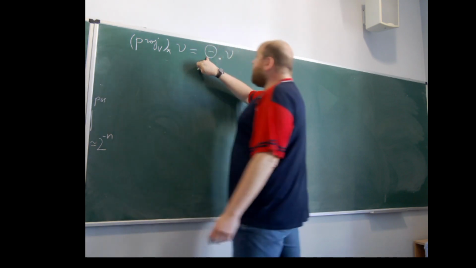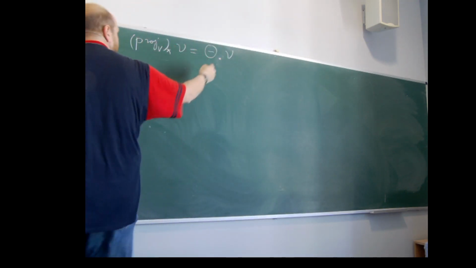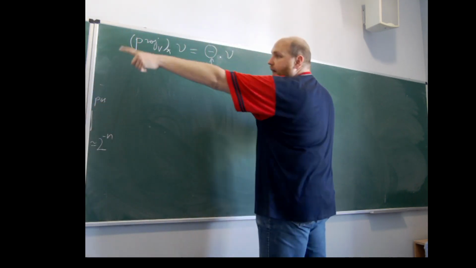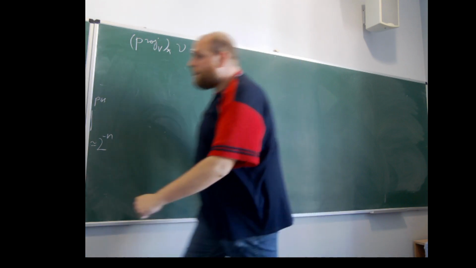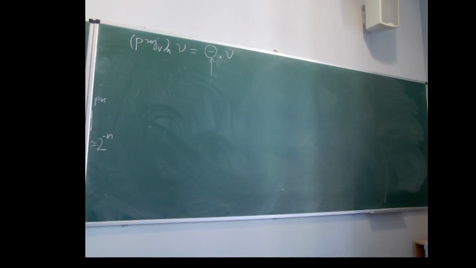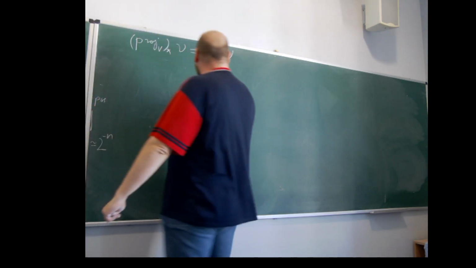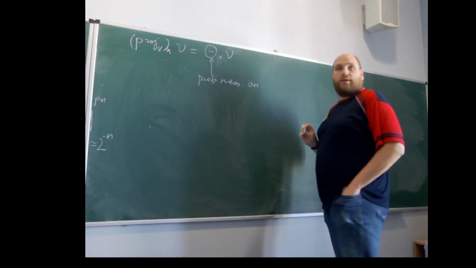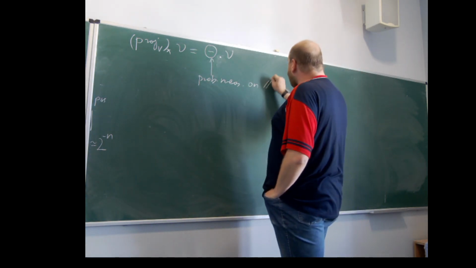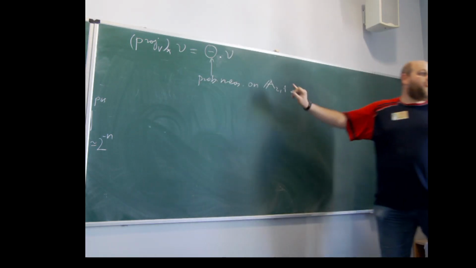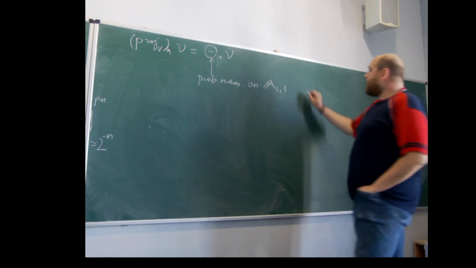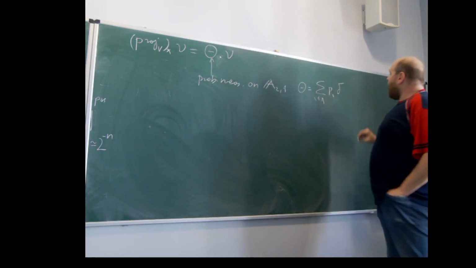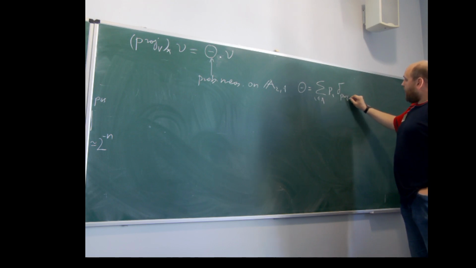Instead of having that convex combination, I will take a probability measure theta on this space of affine transformations, where this measure is just a very simple convex combination of Dirac masses.